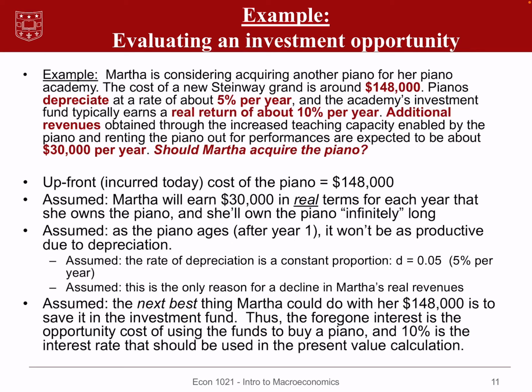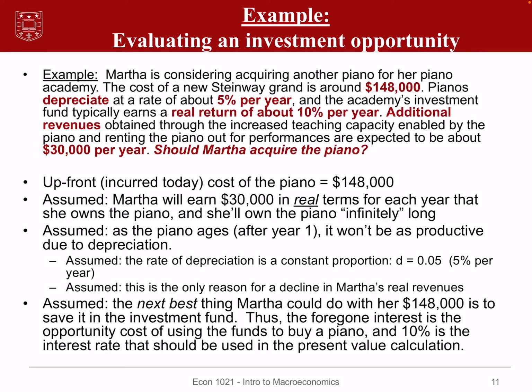We're going to assume that Martha earns $30,000 in real terms for each year that she owns this piano, and in our example, she's going to keep this piano for an infinitely long time period. Is that fully realistic? No, but it gets us to some shortcuts in terms of math for evaluating this investment opportunity.